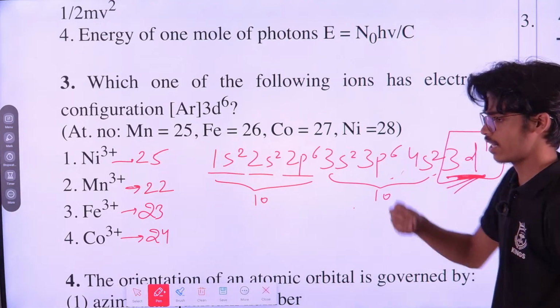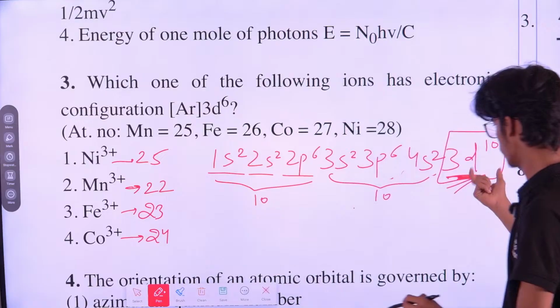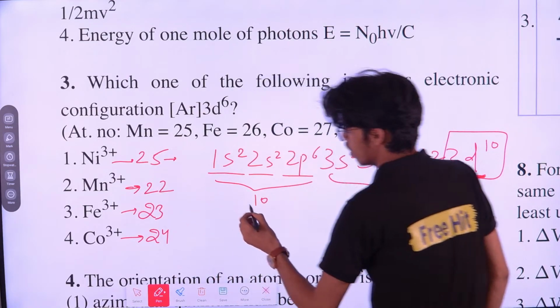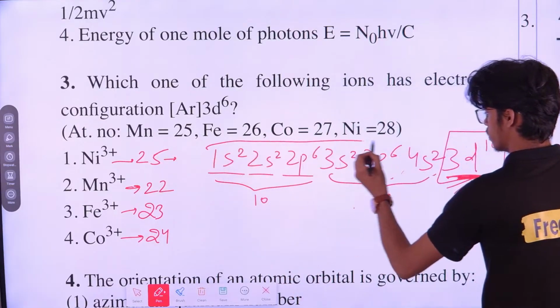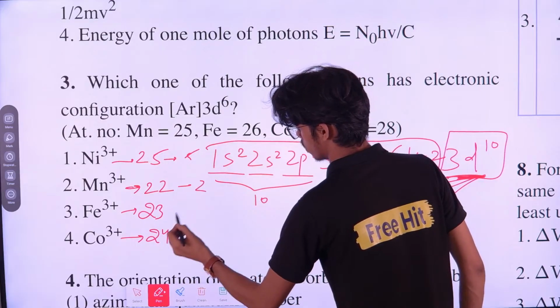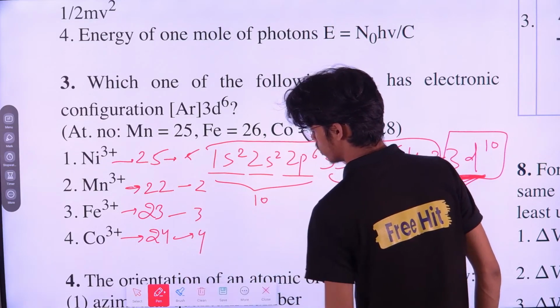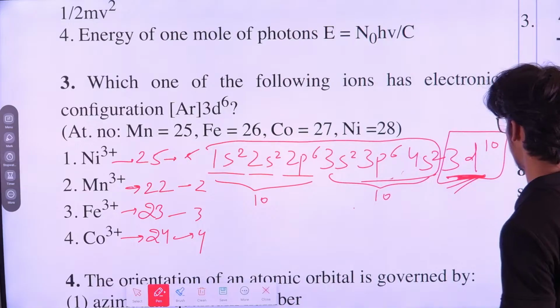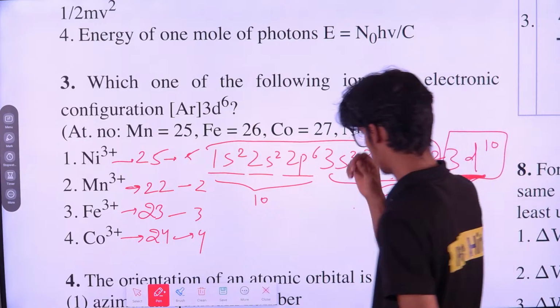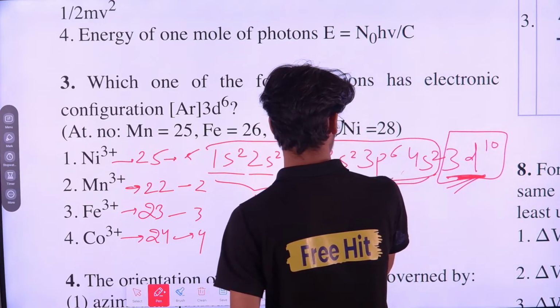So electrons greater than 20 will be left in the 3d orbital, because till 20 this will be filled. After 20, this is 5, this is 2, this is 3, this is 4, got it? Wait, just a second. 3d6.